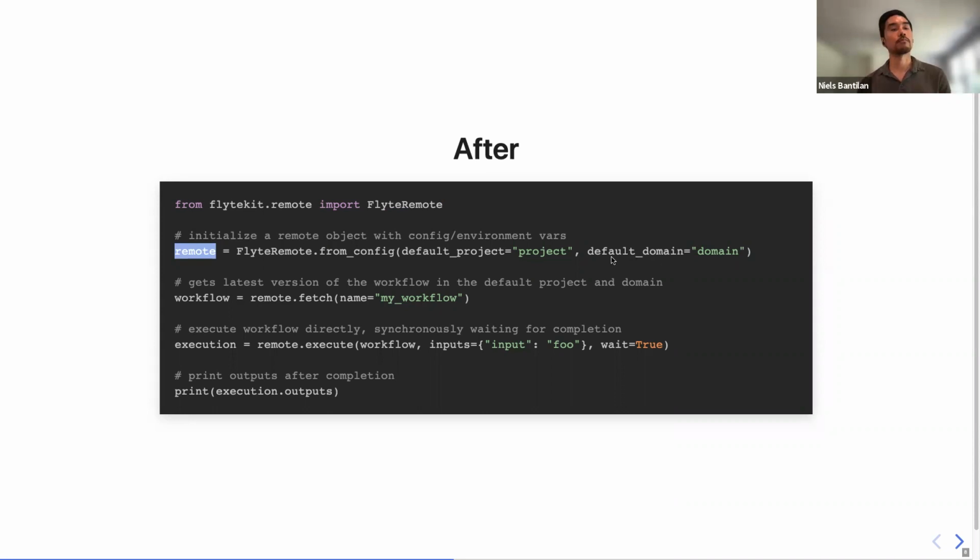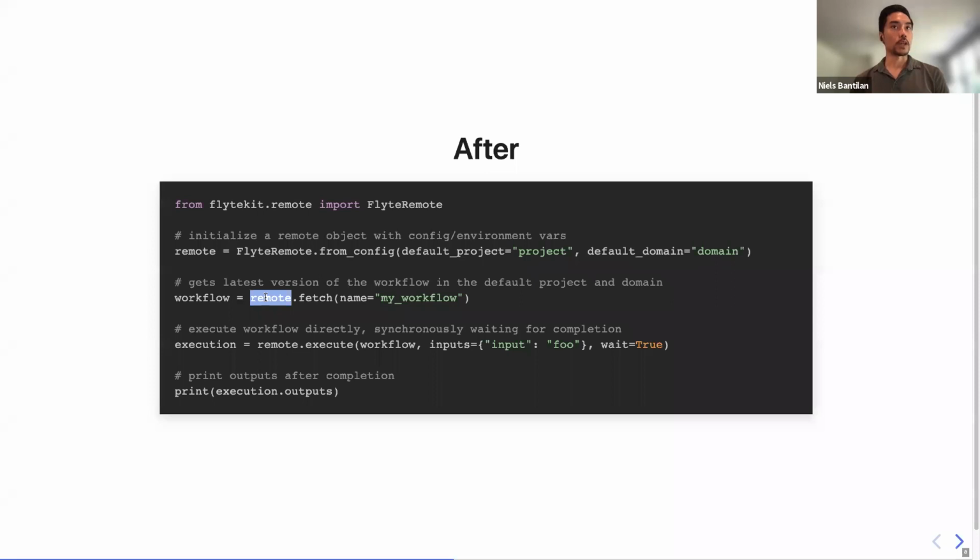And there's a bunch of stuff that happens underneath to pull in the config files and environment variables. And that populates a bunch of things under the hood that are necessary to actually make remote calls. Included in this would be the URL of the backend, the port and stuff.